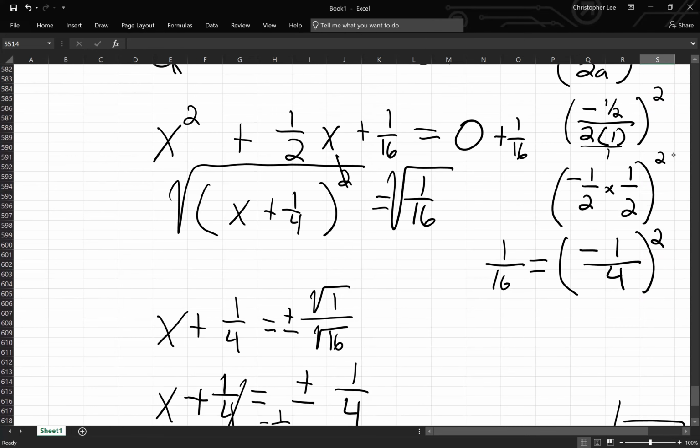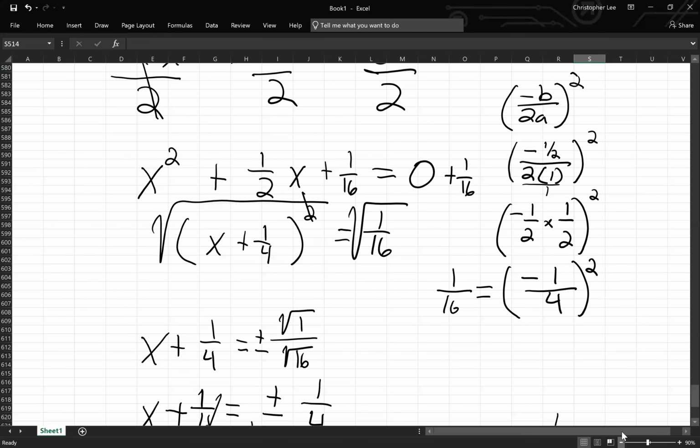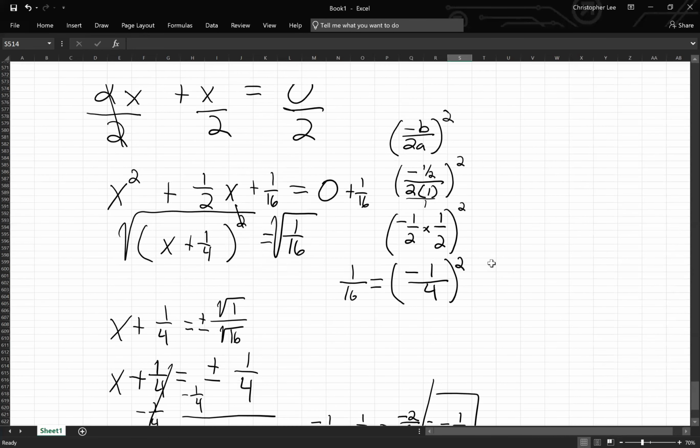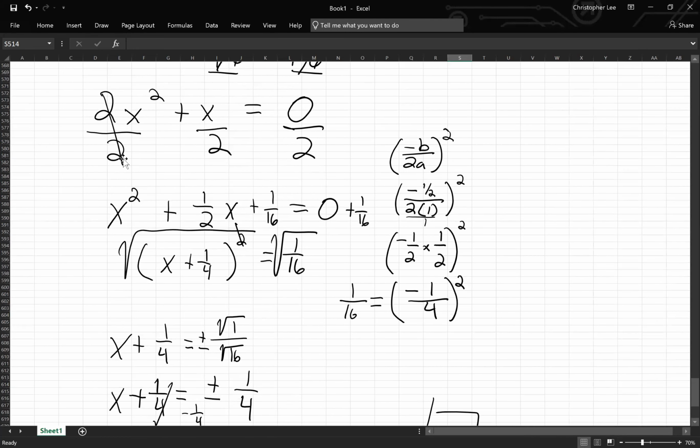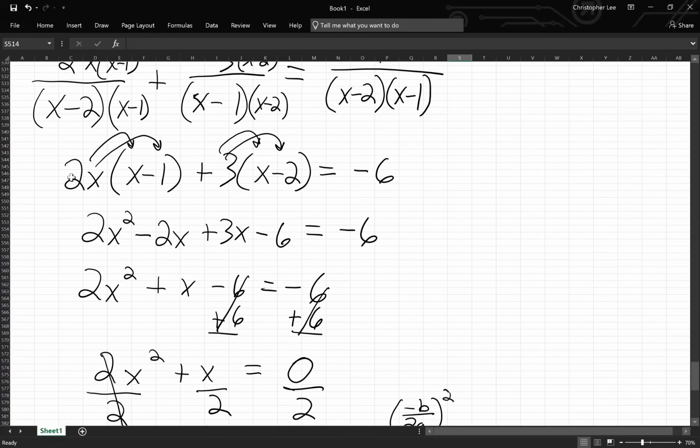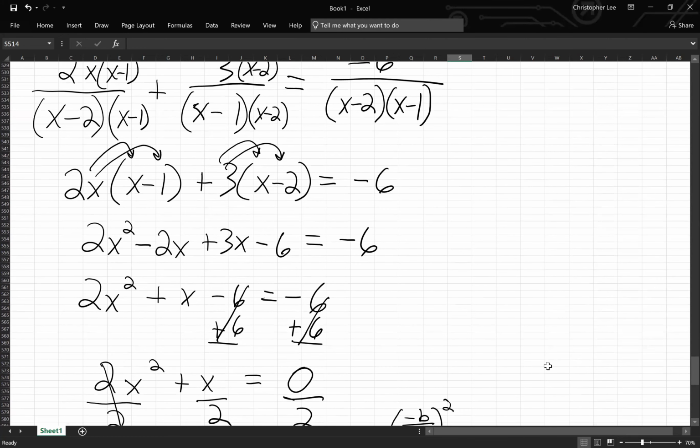The half? The half was right here. We divided everything by 2. Because remember, to complete the square, the a term has to be 1. So you divide by the coefficient in front.